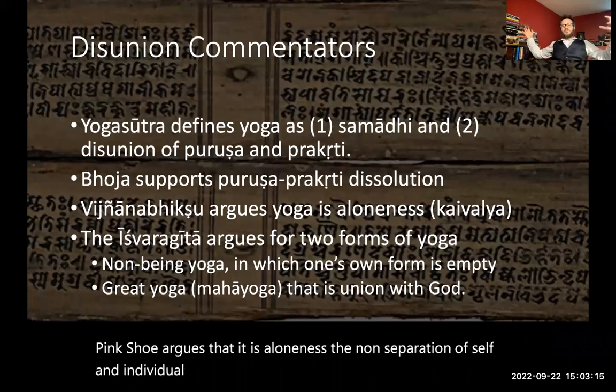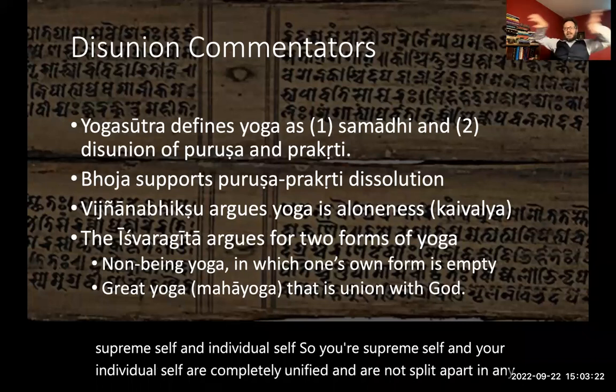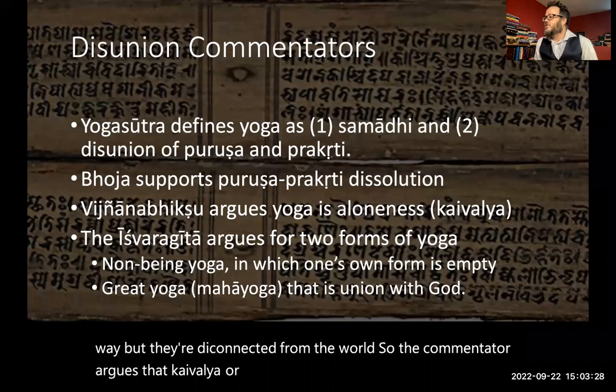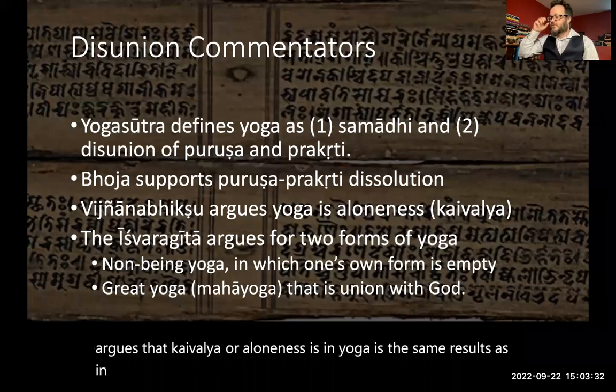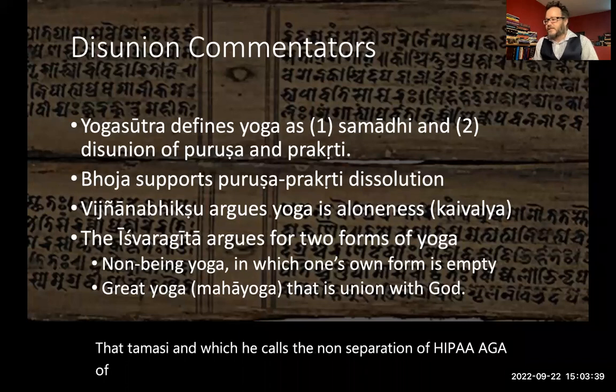So your supreme self and your individual self are completely unified and are not split apart in any way, but they're disconnected from the world. So the commentator argues that kaivalya, or aloneness, in yoga is the same result as in Vedanta, tattvamasi, which he calls the non-separation, abhibhaga, of the individual self, the jivatman, and the supreme self, paramatman.